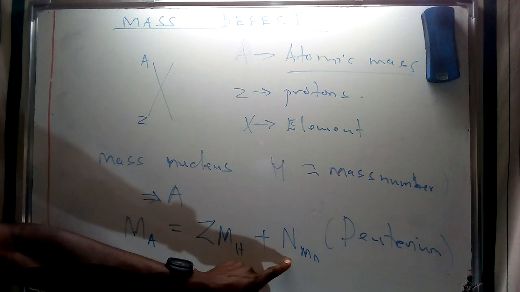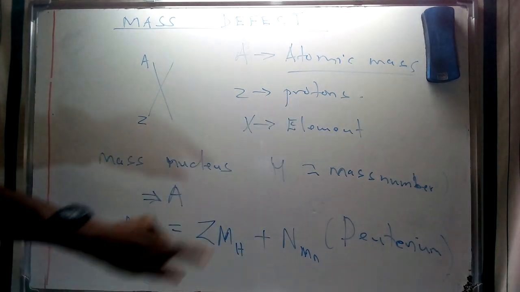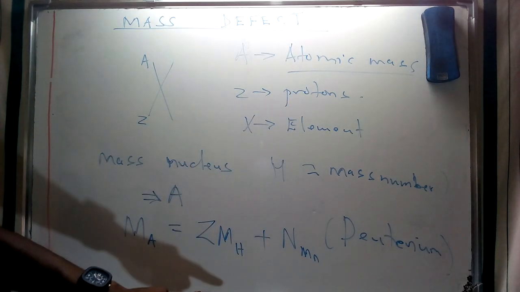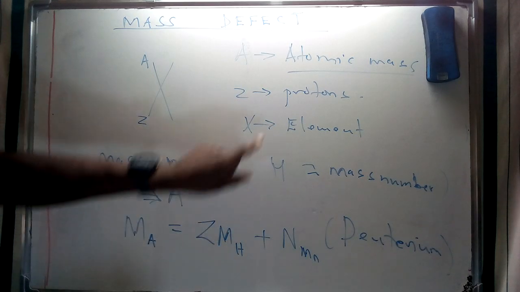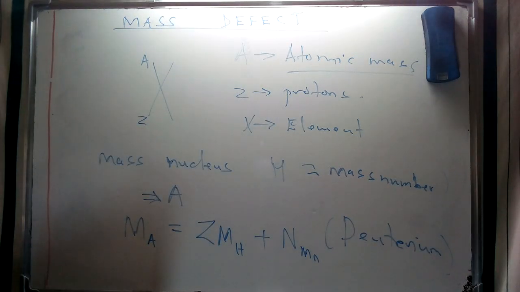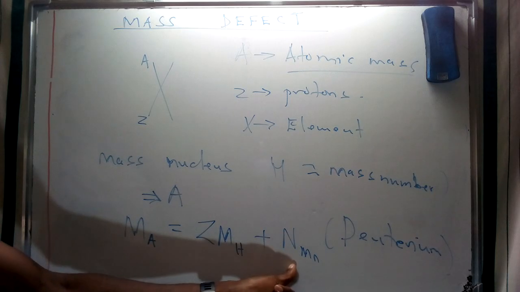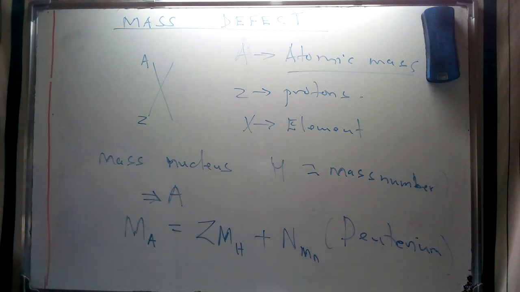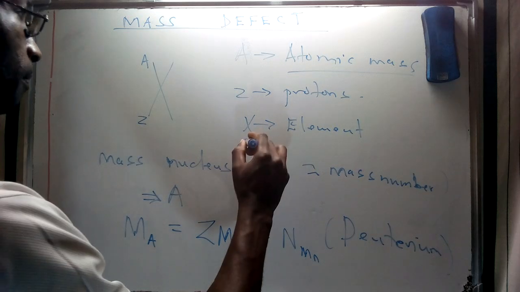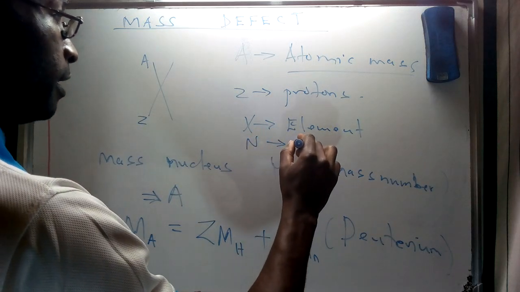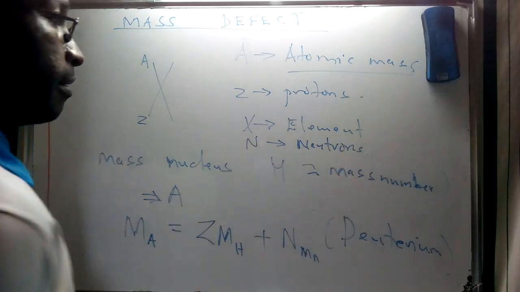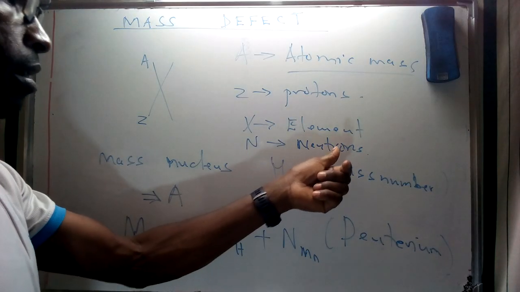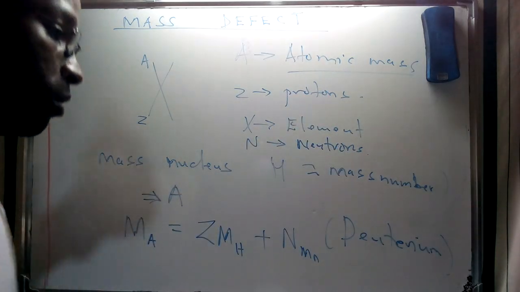So Z is going to represent the number of protons, and I'm going to use N to represent the number of neutrons, so that I can create a distinction between these nucleons, the neutrons and protons, respectively.